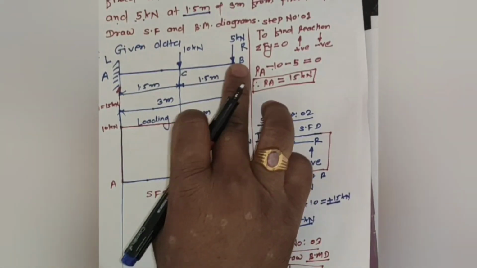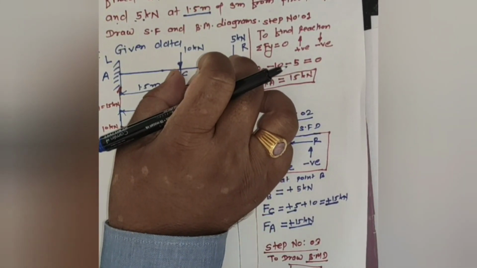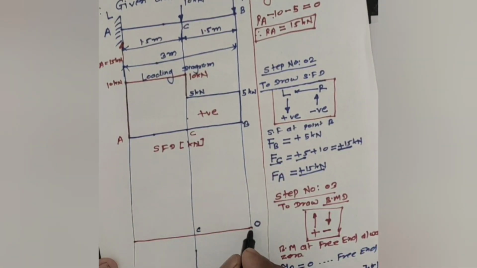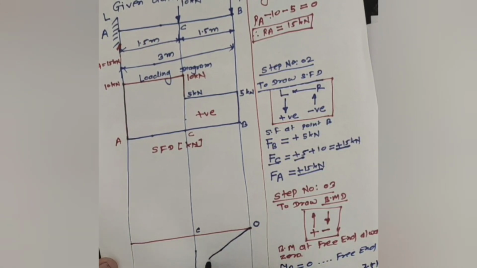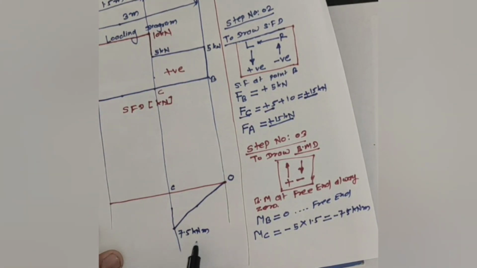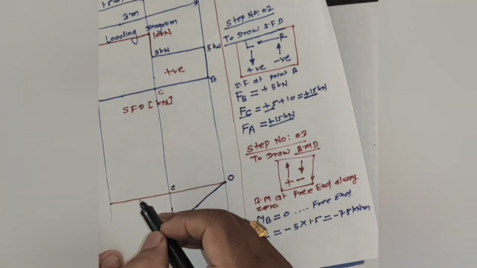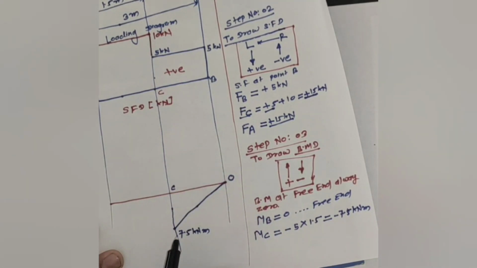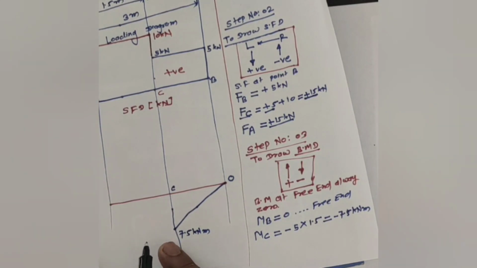In between B and C there is no load, so you have to draw an inclined straight line. No need to write the negative sign because below the baseline itself indicates the negative BM at C.